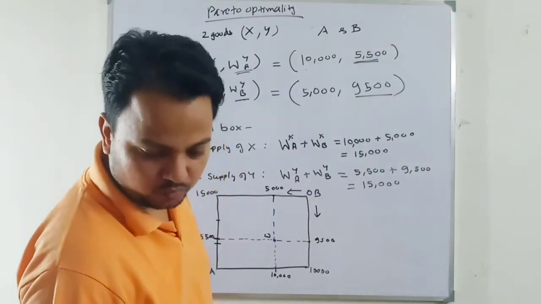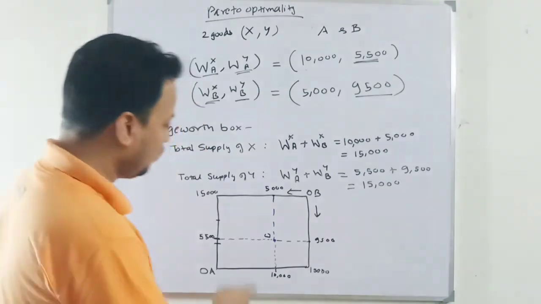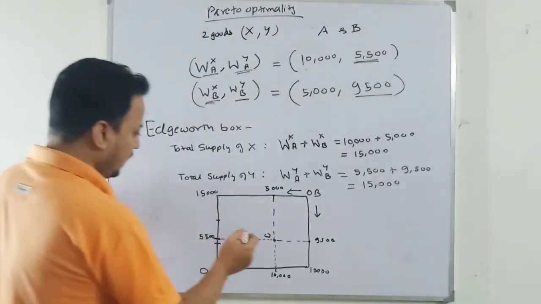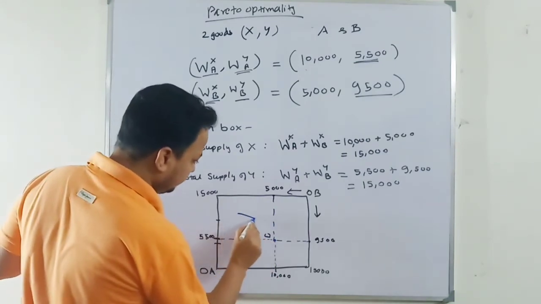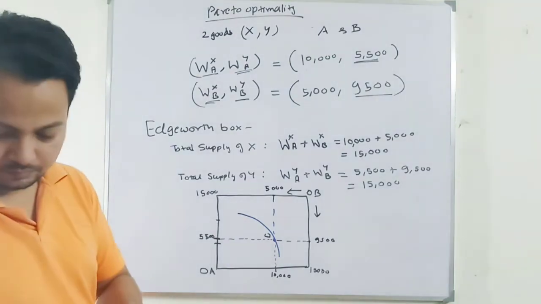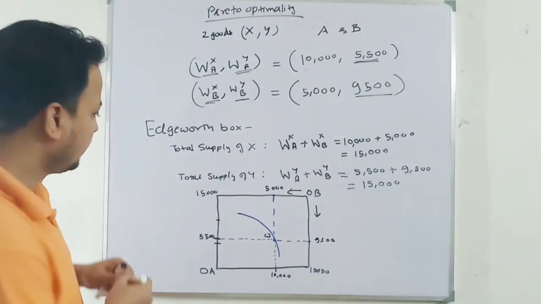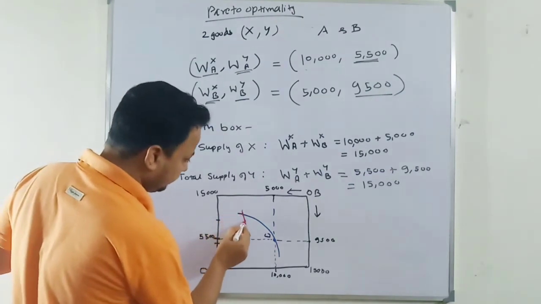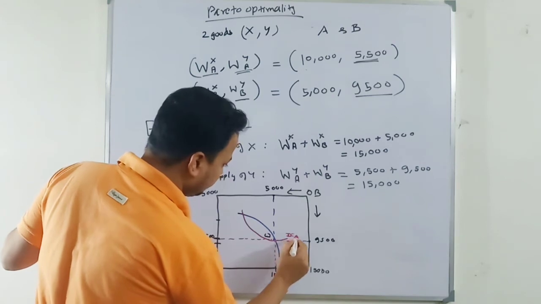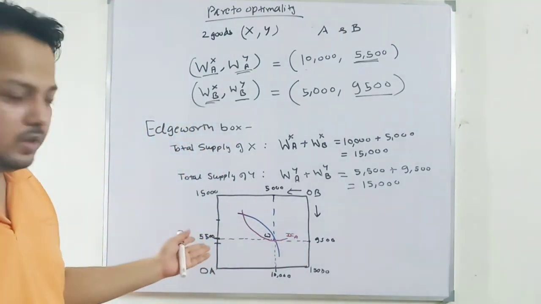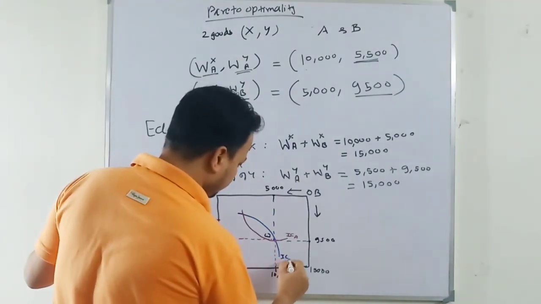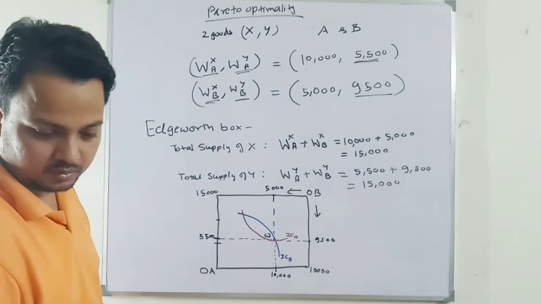So you know how to draw it. The blue one I used for consumer B, the indifference curve of consumer B. The red one I used for consumer A, the indifference curve of consumer A. See, very easy. Just draw the graph that I have done in the first lecture. That's question number 2.